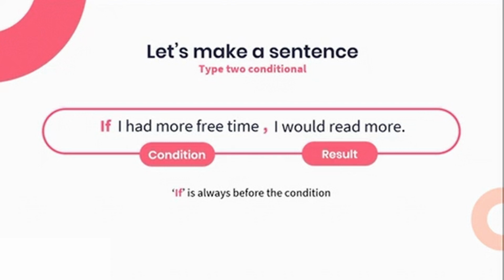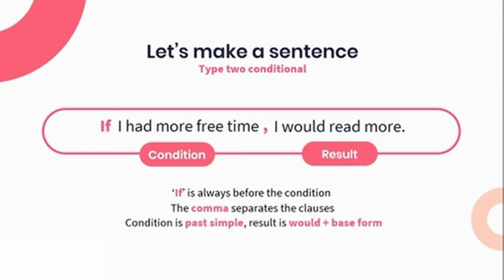Next, we add the comma. And the comma is what separates the two clauses. Remember that the condition is in past simple tense and the result is in the form would plus the base form of the verb. And there you have it. Did you get the sentence right?